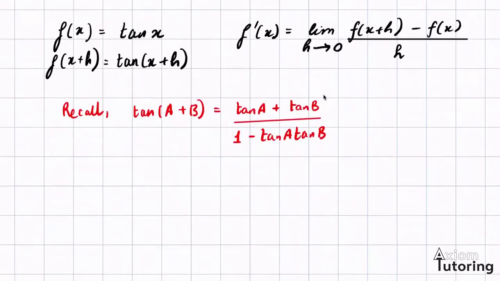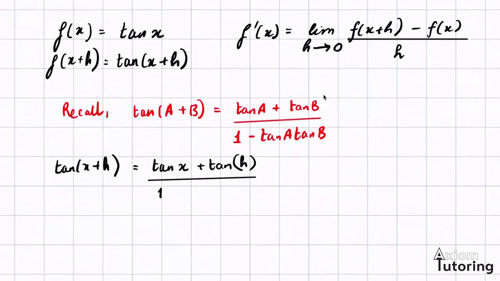So then if we want tan of x plus h, using our double angle formula for tan here, we can rewrite this as tan of x plus tan h all over 1 minus tan x tan h.